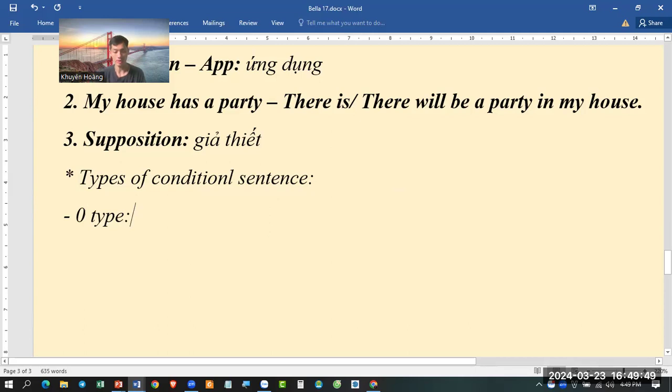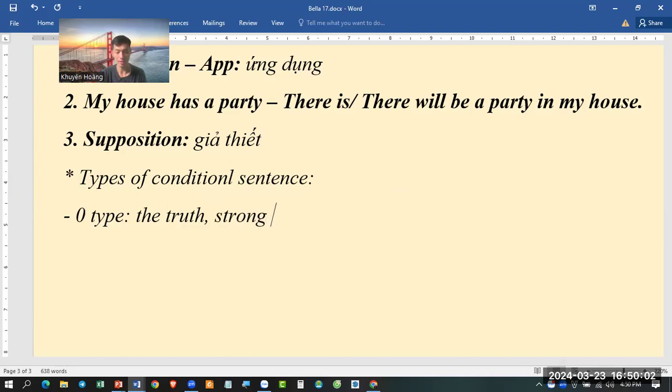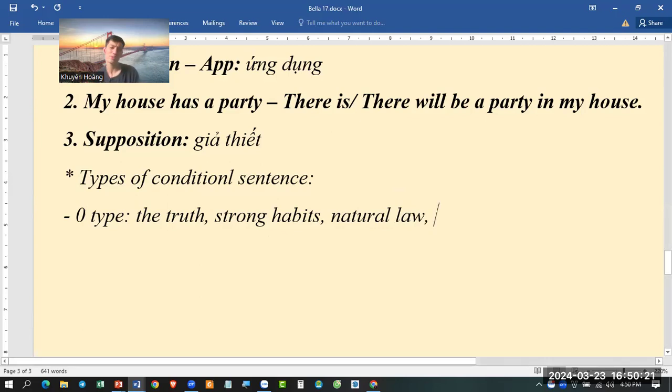So the zero type is the truth. What else? The strong habits. Habit. And what else? Natural rule. Actually, I don't think the word law is suitable here. Natural rule is better.